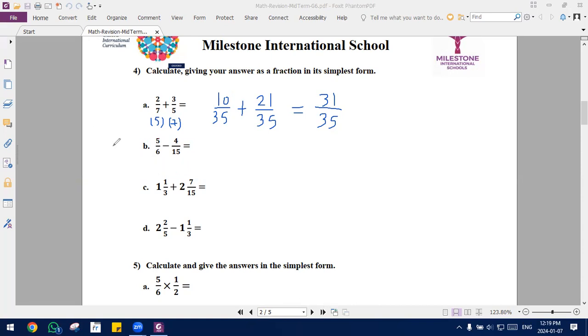No, actually, the lowest common multiple is 30. So 15, if I multiply it by 2, it will be 30. 6, if I multiply it by 5, it will be equal to 30. Now let's multiply them. 5 by 5 is 25 over 30 minus 8 over 30.